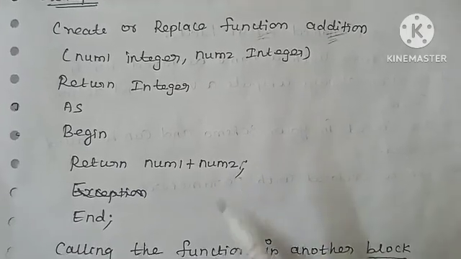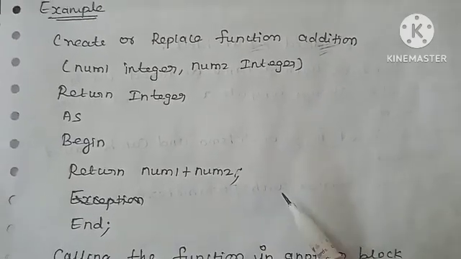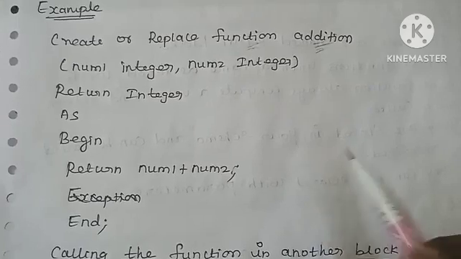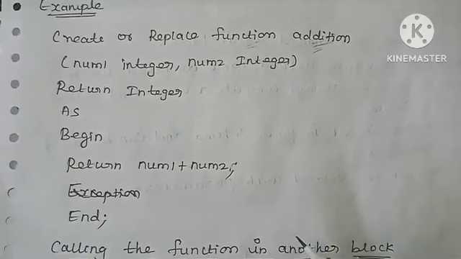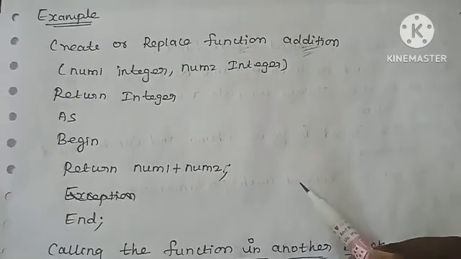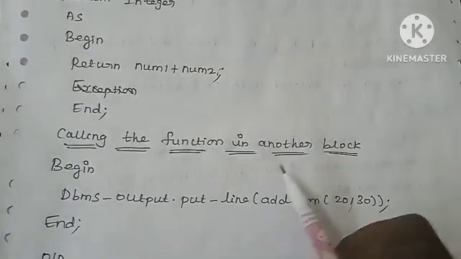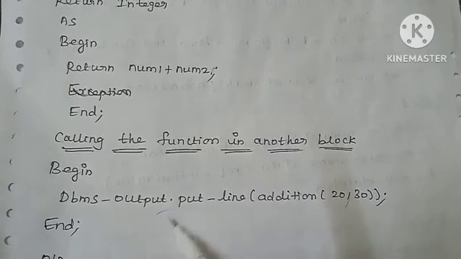This is creating the function. In any language, after creating the function, the values can be accessed using a function call. It is the same for procedures in PL/SQL. How can we access the value? Use the function call; calling the function is done in another block. The output displays the message addition.